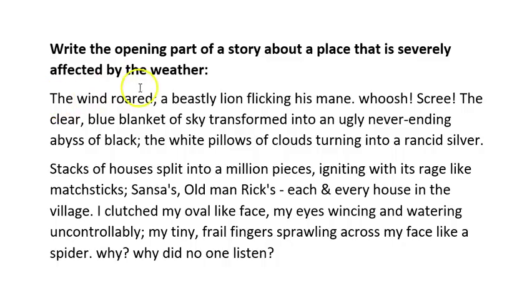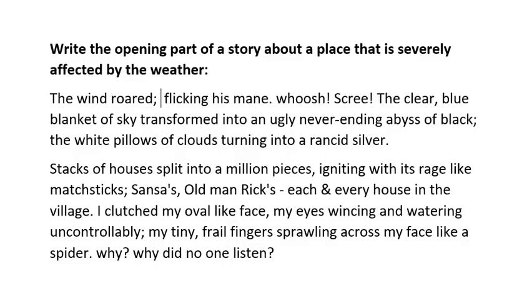So the wind roared, a beastly lion licking his mane. So this is a really powerful metaphor. The wind is a lion, we get the idea. But what I want to teach you here is that often less is more. So did I say licking? It's flicking his mane. If I just focus on the word mane, it's really obvious that when I read the word mane, it must be a lion.